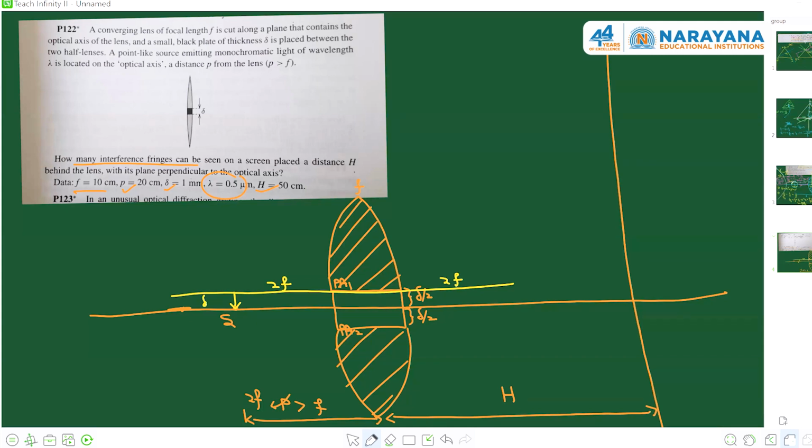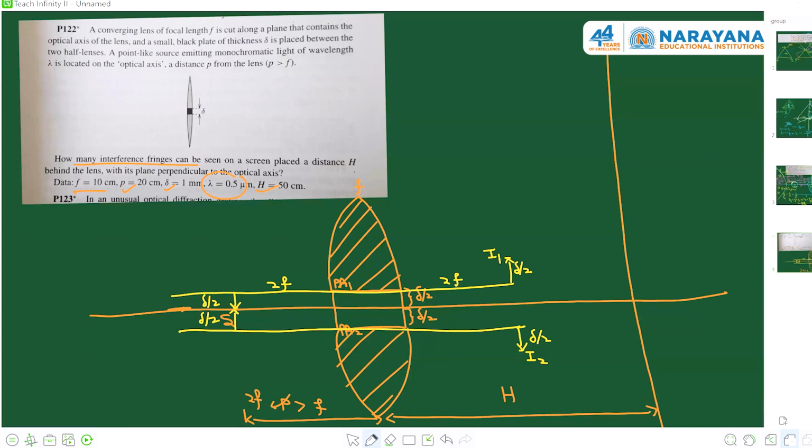And delta by 2 is the object size. So maybe you'll get delta by 2 here. So, this is your image 1. And similarly, these are the easier points of the problem, like delta by 2 here. With respect to this, I'll get it here, delta by 2. And maybe this is my image 2, I2 location.